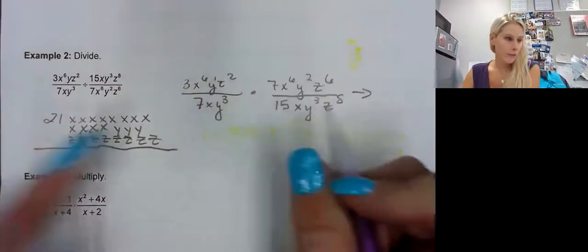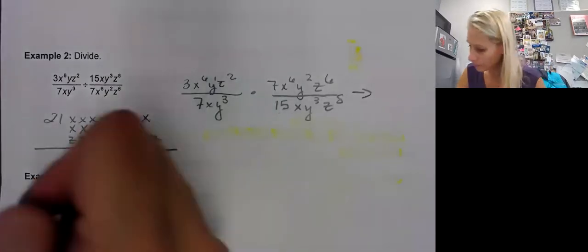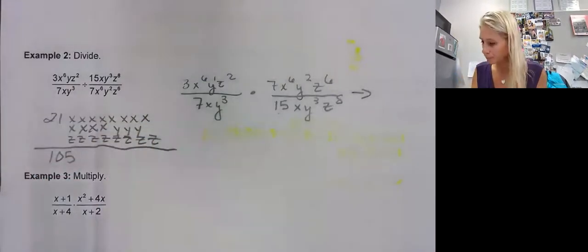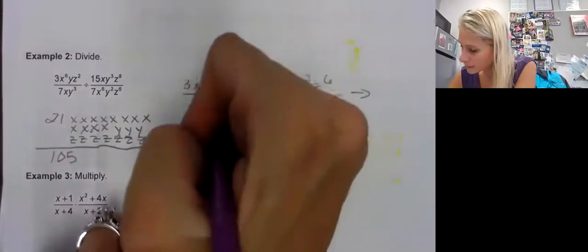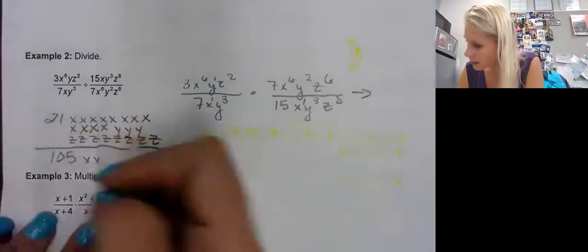7 times 15. Well, I know that most of you don't know this by heart, which is fine because neither do I. So 105. Use your calculator when you need it. All right, let's look at my x's. Don't forget, this is x to the 1st, this is x to the 1st. So I have 2 x's.